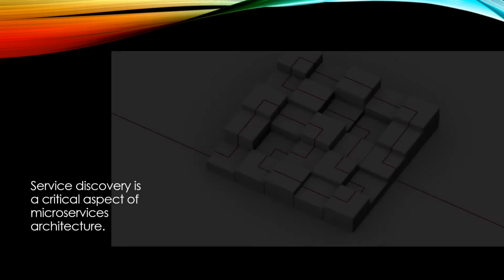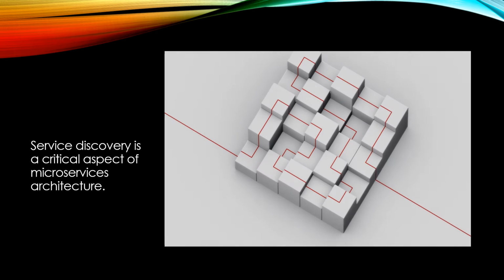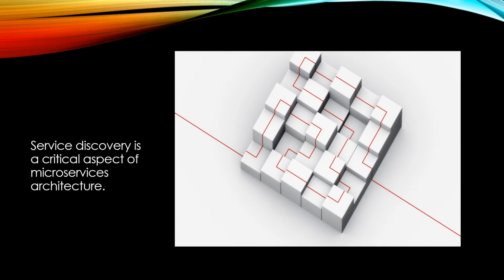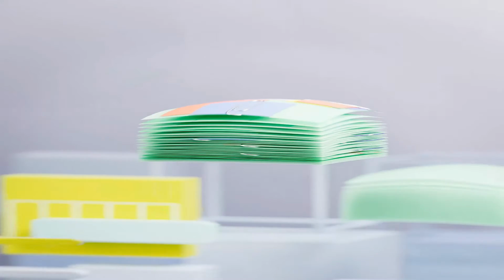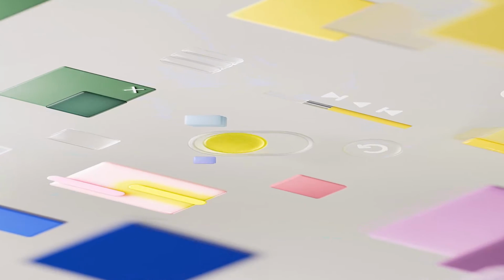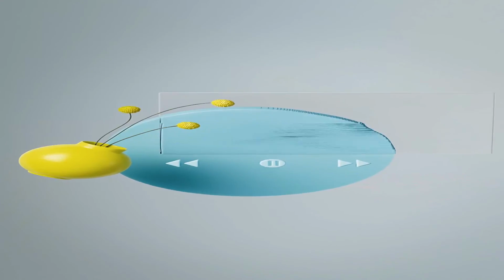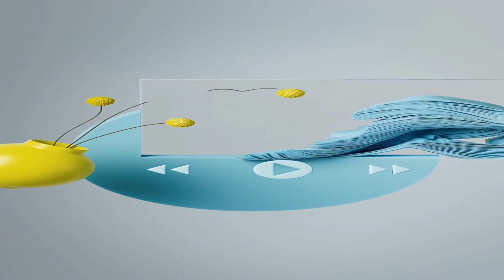microservices. Service discovery is a critical aspect of microservices architecture. Service discovery is a fundamental concept in computer networking and distributed systems, particularly in the context of cloud computing, microservices, and containerization. It is the process by which individual services within a distributed system or microservices ecosystem dynamically locate and communicate with each other.